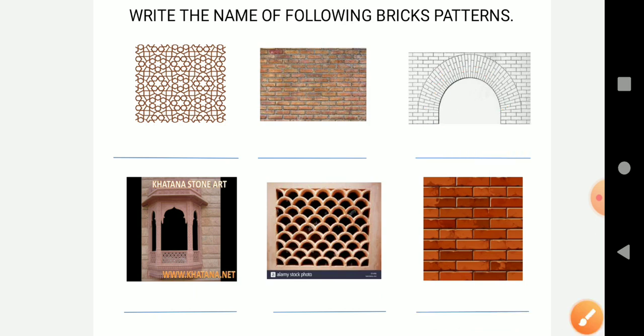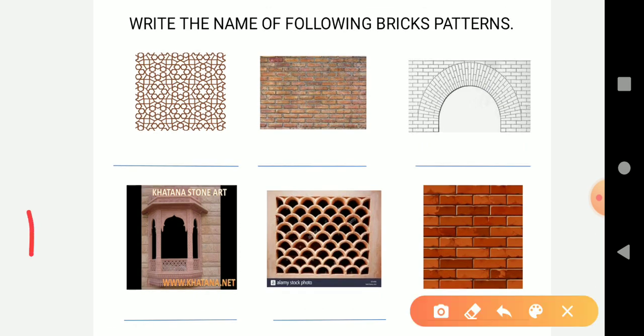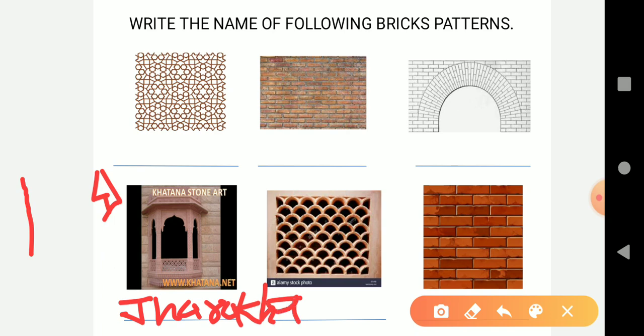Okay, now fourth number, which pattern is this? It looks like a small temple. Okay, so it is called Jharokha pattern. Jharokha pattern. JHAROKHA. Understood?